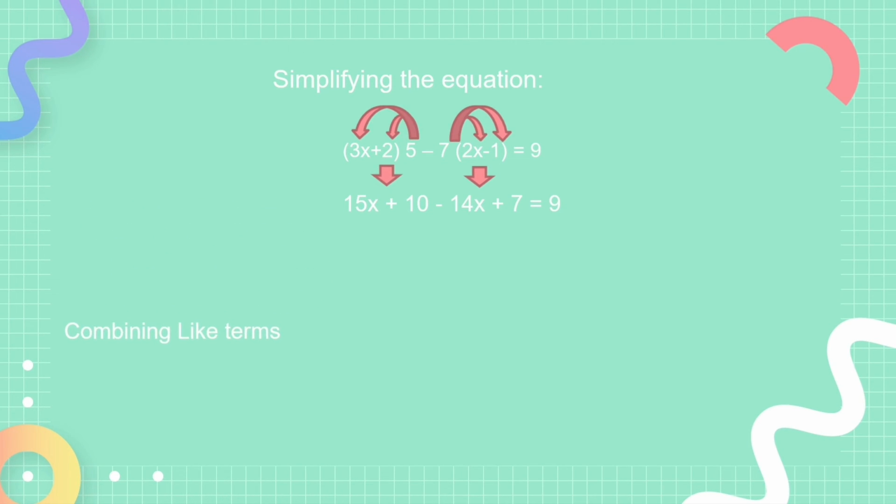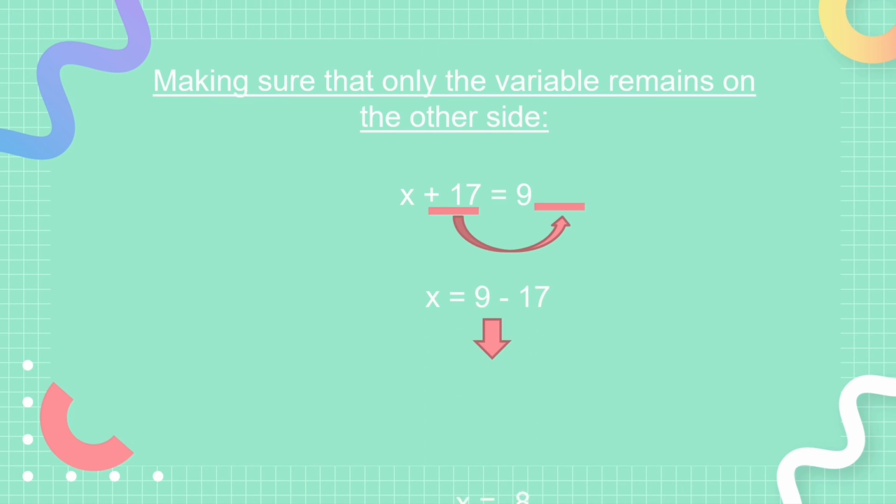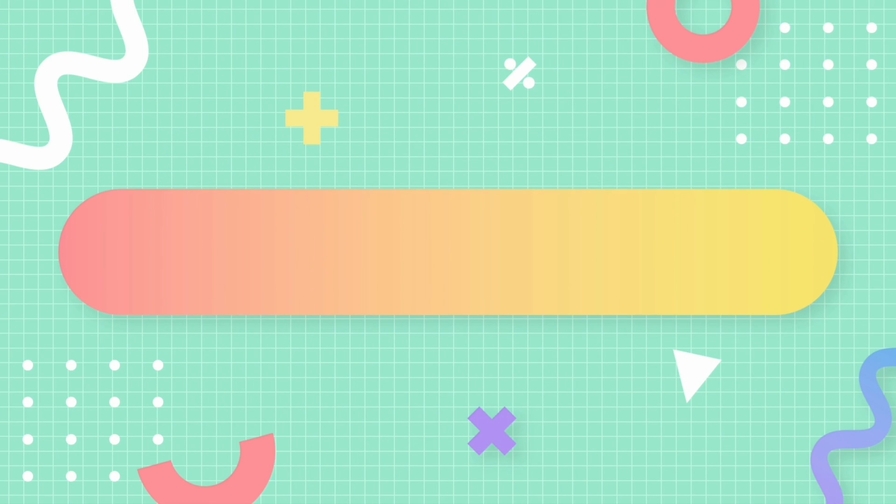Next, we combine like terms and now we have x plus 17 is equal to 9. In order for only x to remain on one side, we transpose our 17 over to beside 9. Simplify, and now we have our answer, which is x is equal to negative 8. And that's it for our examples.